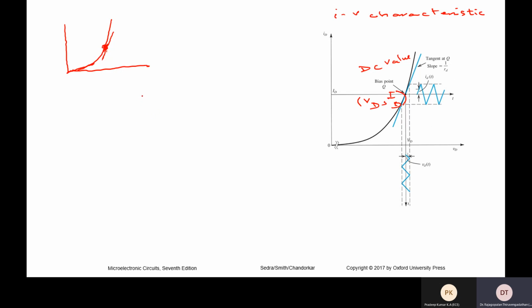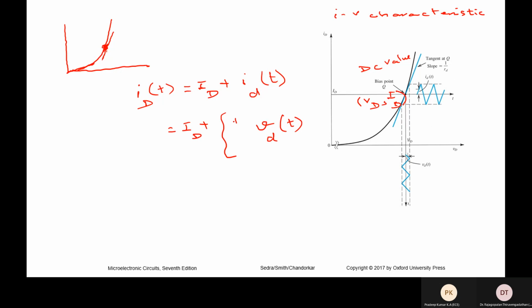So recall this equation: iD(t) equals ID, which is the DC value, plus the small signal current, and expand it. This is the equation.